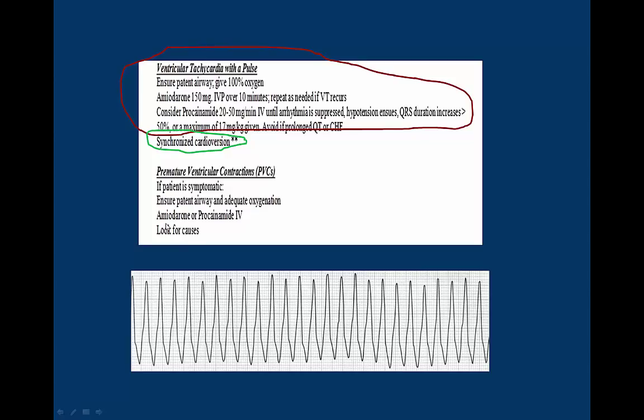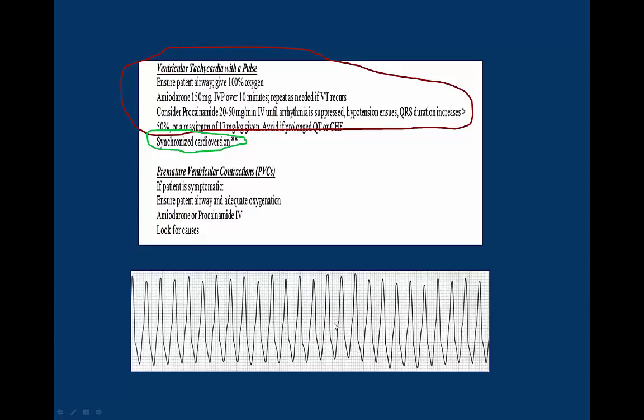You're going to give a drug, amiodarone or procainamide. Amiodarone is first line, procainamide is second line. So these two drugs are antiarrhythmics. In other words, they will get the patient out of this lethal rhythm. So amiodarone, procainamide for a patient with stable ventricular tachycardia. That's a patient that has a pulse and is awake and alert.